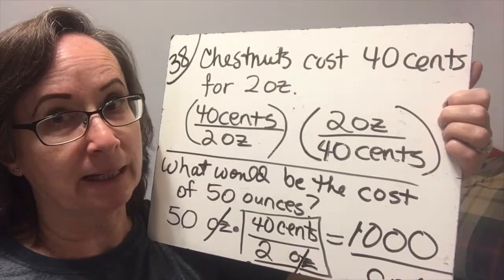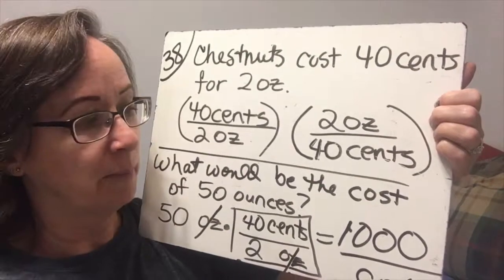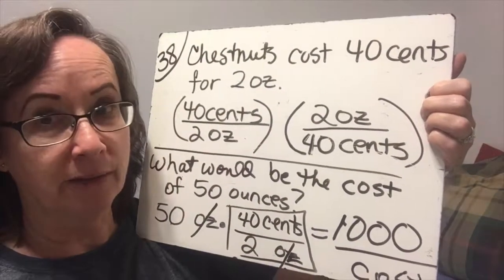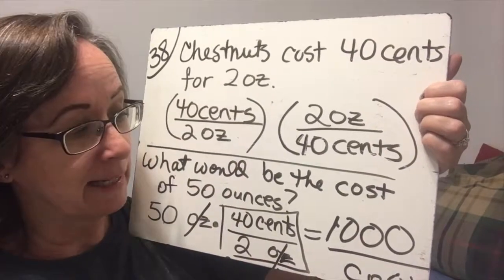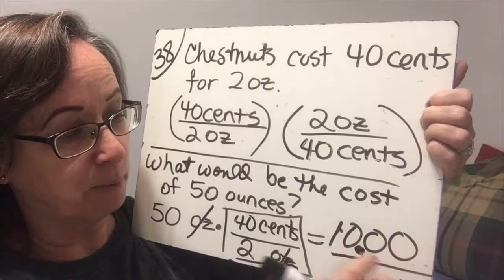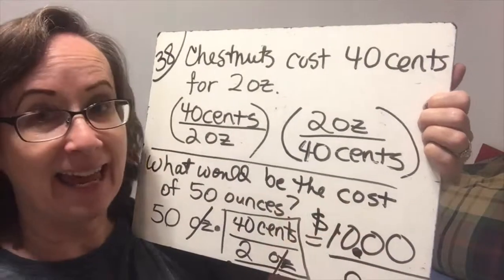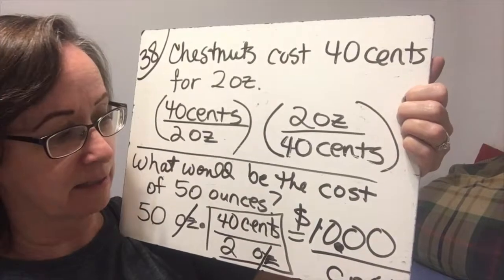I think that's big enough to put 1,000 cents into dollars, don't you? Because remember, 100 cents is $1. So let's take our cents and put it into $10. And that's the same thing as 1,000 cents.